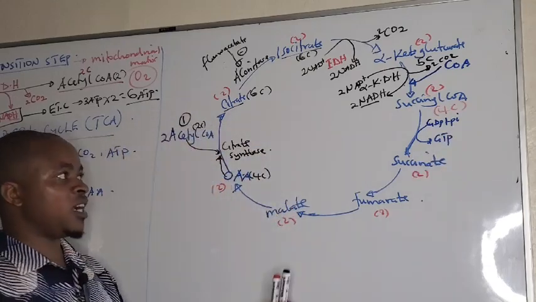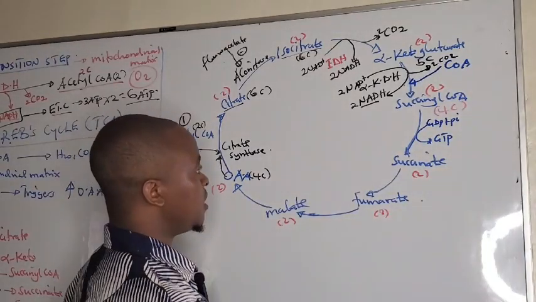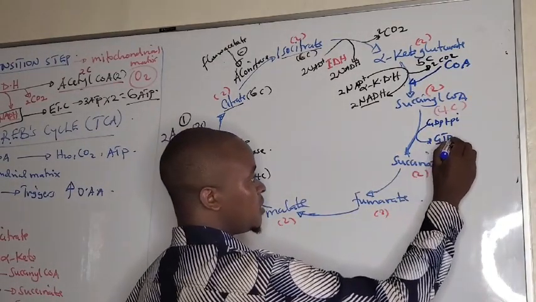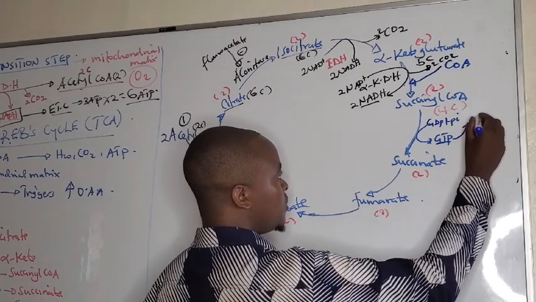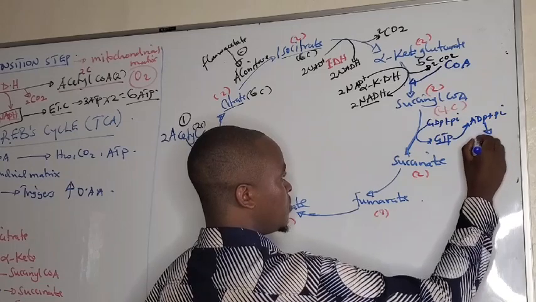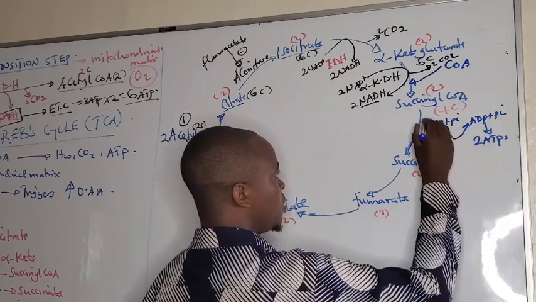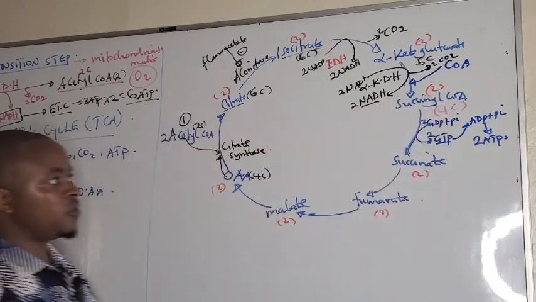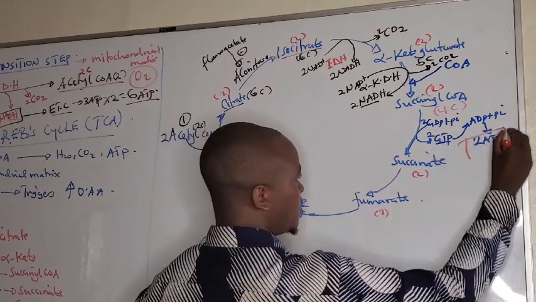Guanosine diphosphate, we add the inorganic phosphate to form guanosine triphosphate, and this guanosine triphosphate is a higher energy compound. It donates its phosphate to ADP, and we form ATP. Because this is also 2, this is also 2. We form 2 at a substrate level.